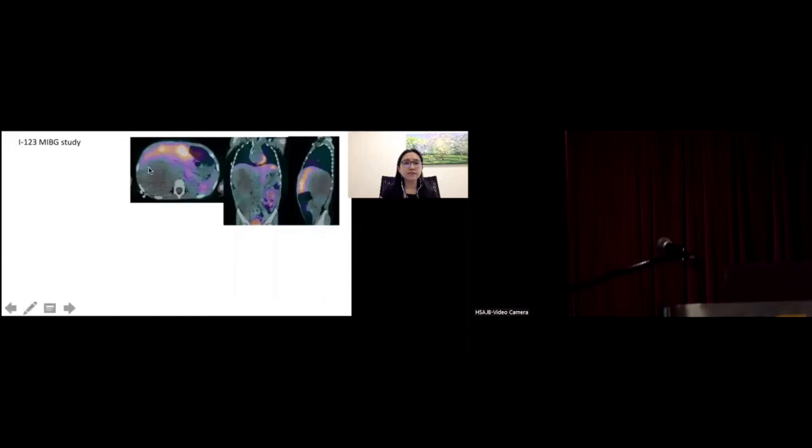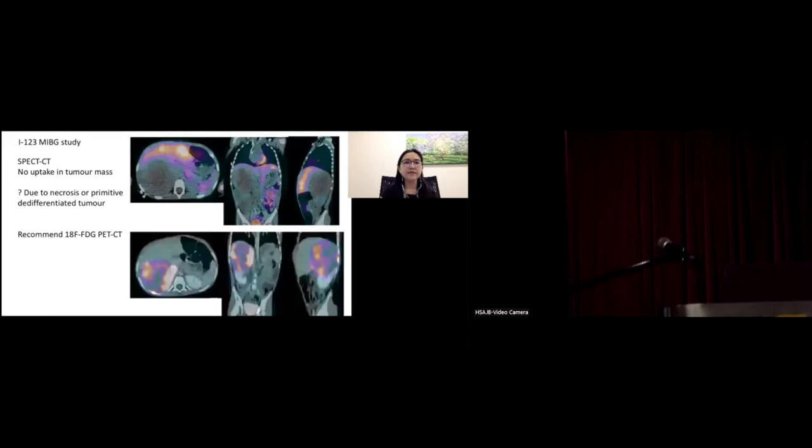SPECT-CT shows that the large abdominal mass does not take up MIBG. So could this be due to necrosis or primitive dedifferentiated tumor? So we proceeded with fluorine-18 FDG PET-CT, and it clearly shows that the large abdominal mass is taking up FDG.